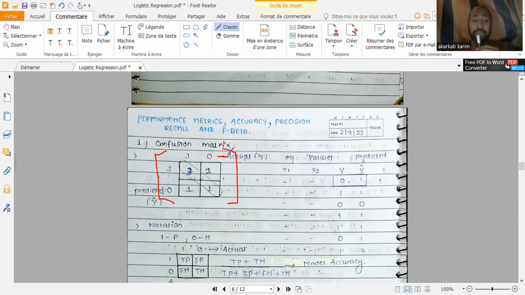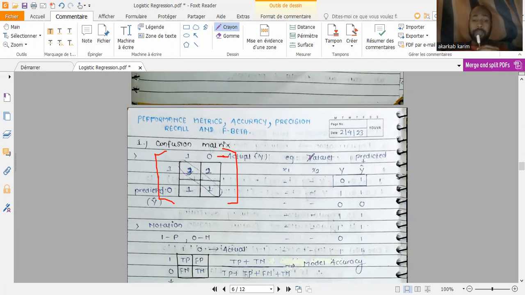Here is the actual value, that means the real data we have, the actual y, or the real value of y. And here is the predicted one. The predicted means y hat. And here is the intersection between the actual y and the predicted y hat.